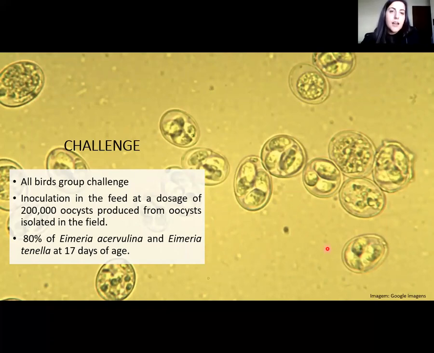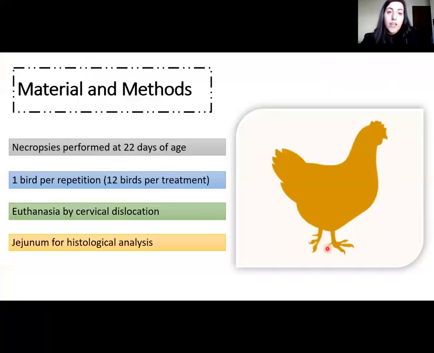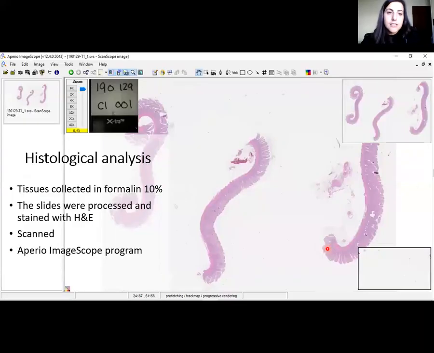These oocysts were 80% Eimeria acervulina and Eimeria tenella, and the challenge was done at 7 days of age. Necropsy was performed at 20 days of age, 1 bird per repetition, and euthanasia for all these birds by cervical dislocation for the jejunum sampling for histological analysis.